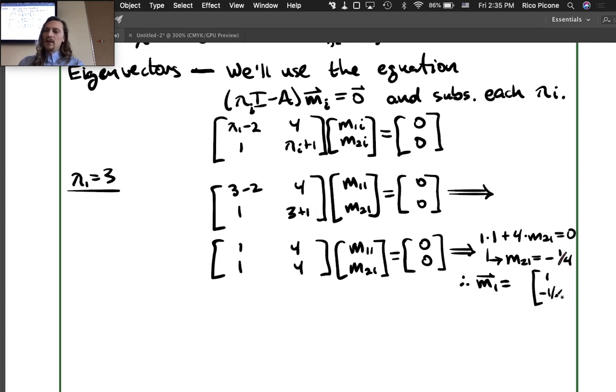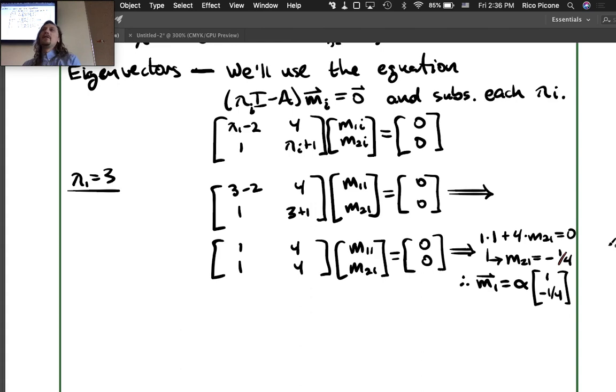So traditionally, the eigenvector is just given as one vector, just one solution, any solution. As long as it's a solution, you're good. That's why you can arbitrarily pick m11 and solve for what m21 has to be. However, also valid is any scaling of this, any scaling by a real number.